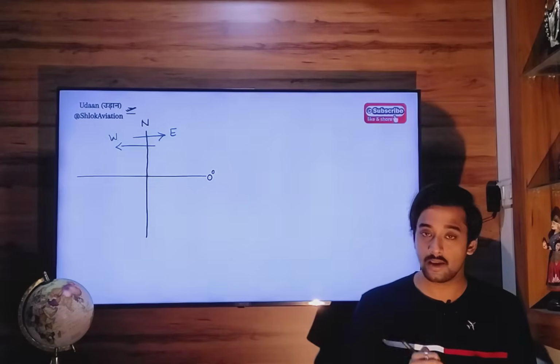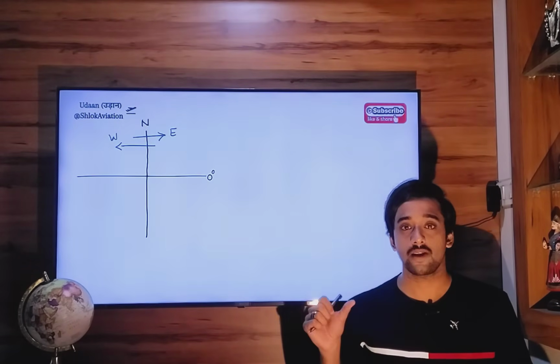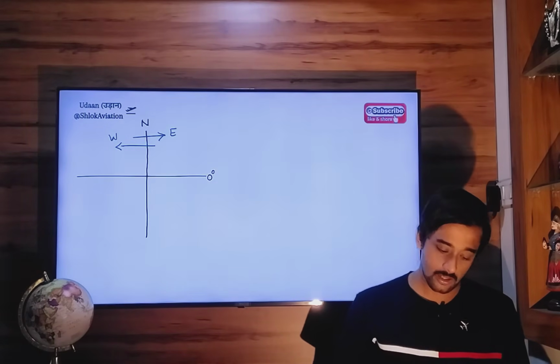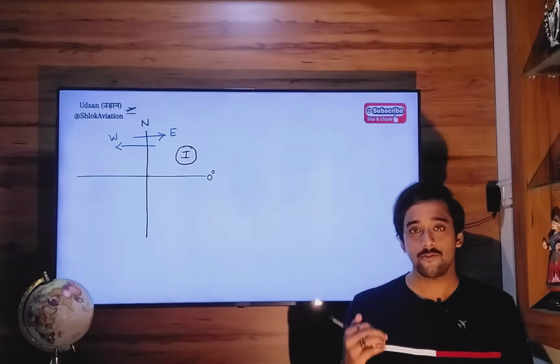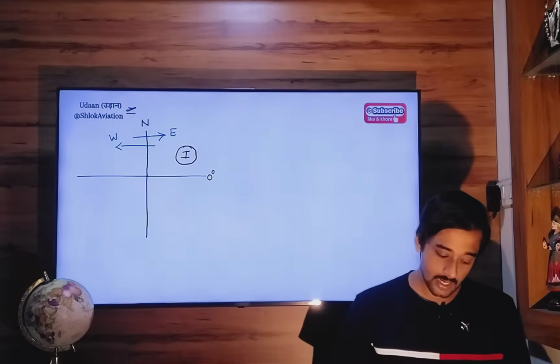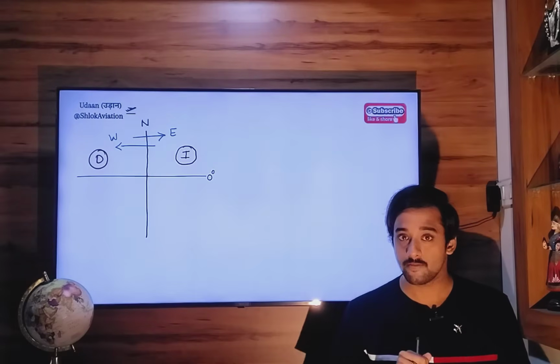Condition number 1, you're in the north hemisphere. Condition number 2, you're traveling eastwards. In that case, the great circle direction will increase as you go from point A to point B. If you are in the north hemisphere and you travel westwards, 270, the great circle direction will decrease from point A to point B.